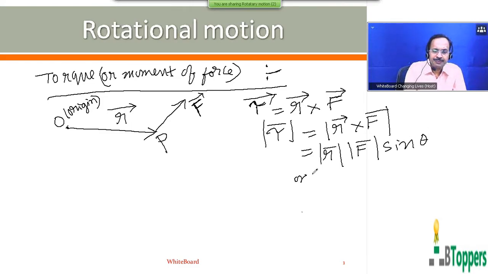Or you can write tau equal to R F sine theta. Theta is the angle between the two vectors R bar and F bar.